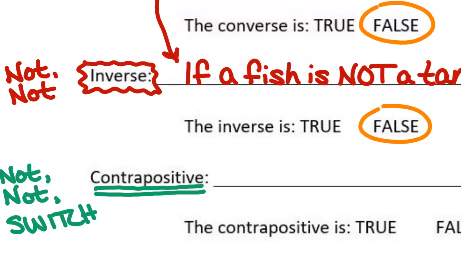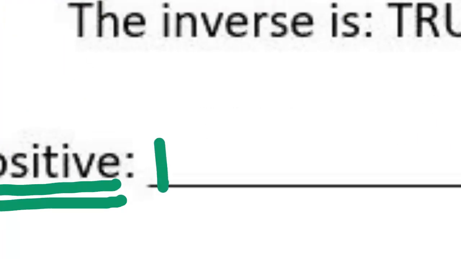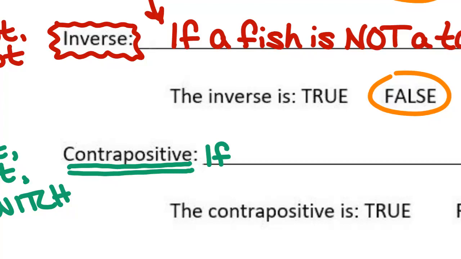And I'm going to take the hypothesis and the conclusion there and switch them around. So instead of saying if a fish is not a tang, what would I want to start this with? If what? Yep. Remember, I want the not in there because this is my contrapositive. If it doesn't live in salt water. Not necessarily the tang, the fish.